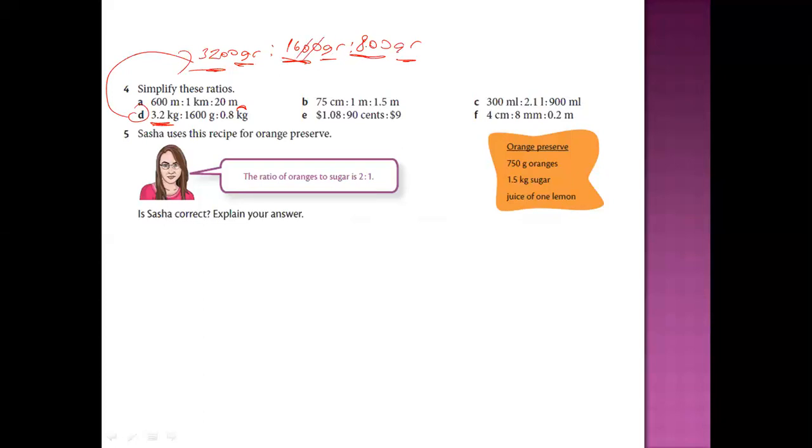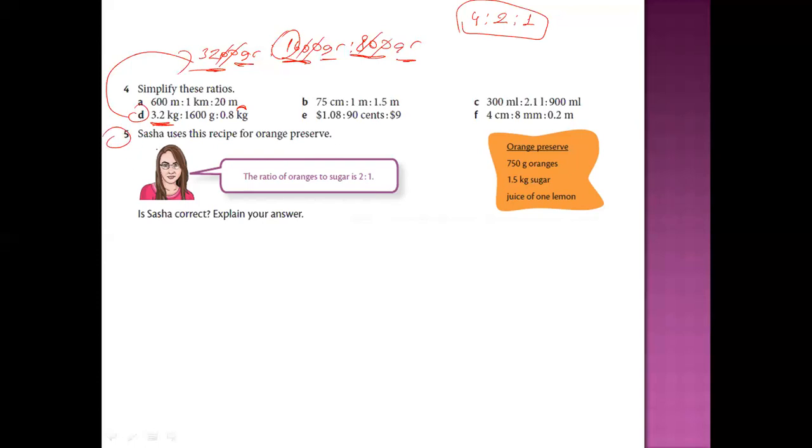When you simplify the zeros, no problem. The others are 16, 8, and 32. The highest common factor is 8, and 32 divided by 8 is 4, 16 divided by 8 is 2, and 8 divided by 8 is 1. So the ratio of D is 4 to 2 to 1.